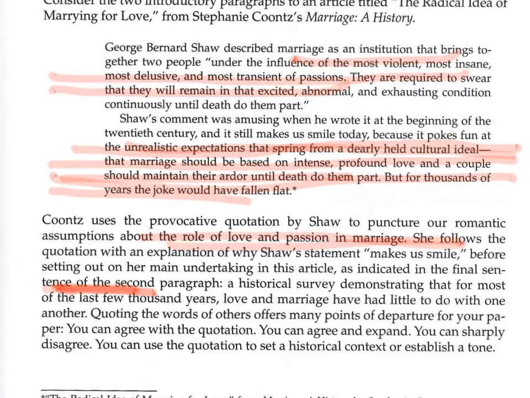You have to be careful what you choose, but they suggest, and read this example here. This is a good example here. But what they suggest is that you can agree with the quotation. You can agree and expand upon it. You can disagree with it, or you can use it as a historical context or establish the tone in the rest of your paper.